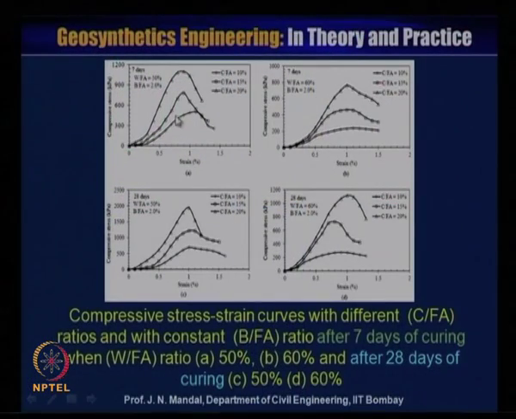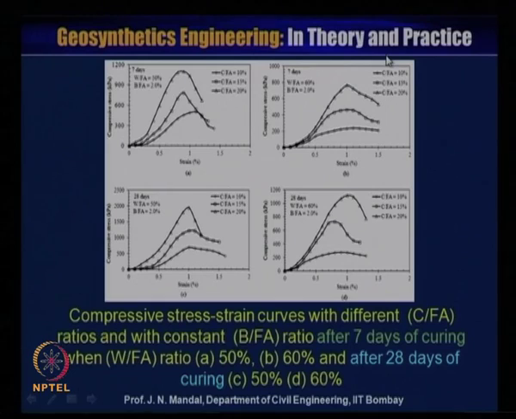Now this is the compressive stress strain curve with different cement to fly ash ratio and with the constant beads to fly ash ratio after 7 days of the curing, when water to fly ash ratio A is 50%, and B is 60%, and after 28 days of curing, that is C, this is 50% and D is 60%.